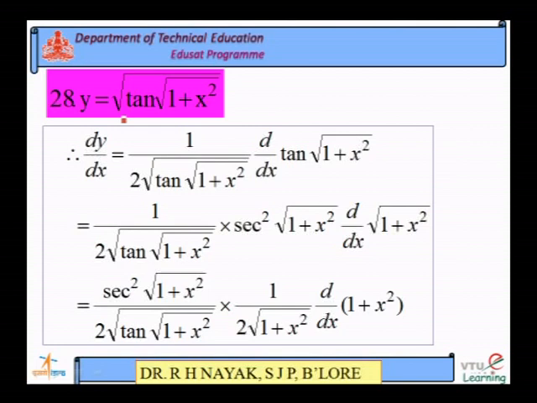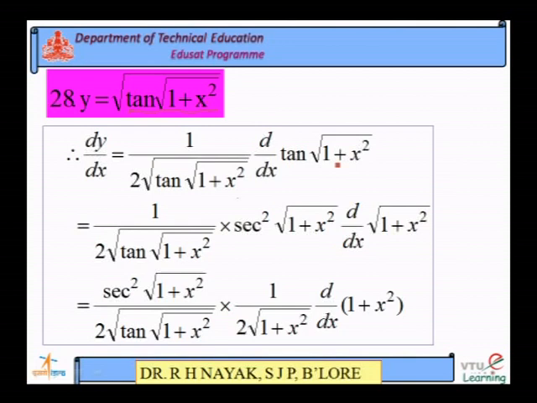Root function differentiation is 1 by 2 root of function, and we take 1 by 2 root of this whole thing, that is tan of root of 1 plus x square, into d by dx of tan of root of 1 plus x square. This is treated as tan of function.